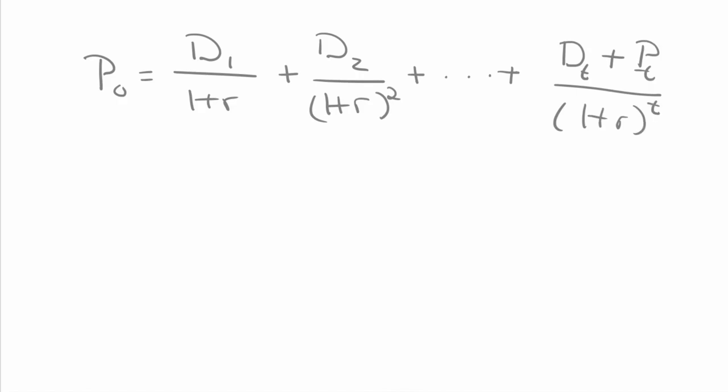Now, we can keep going and going, and as long as the price grows more slowly than this discount factor can shrink it, as long as that's the case, we can keep going and get what's called an infinite horizon formula.